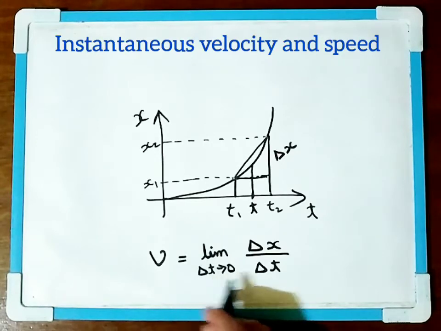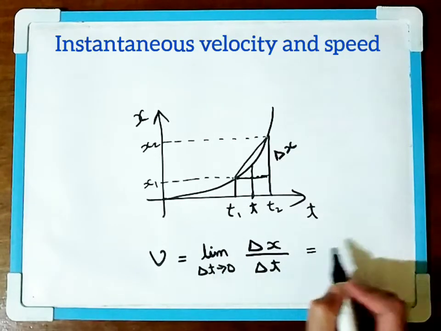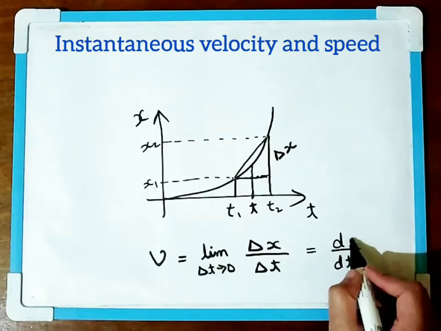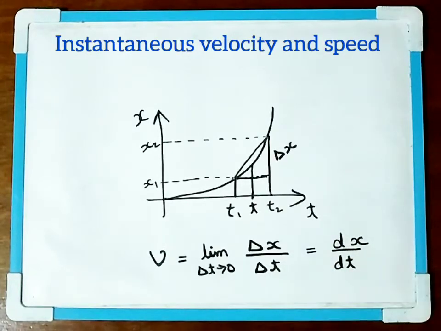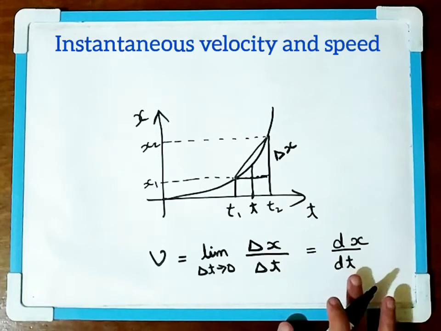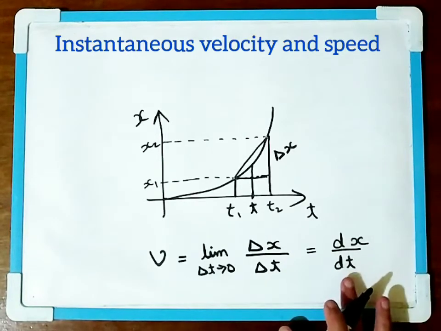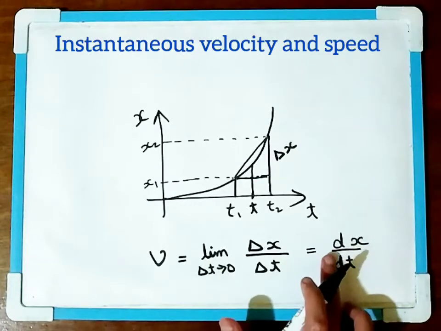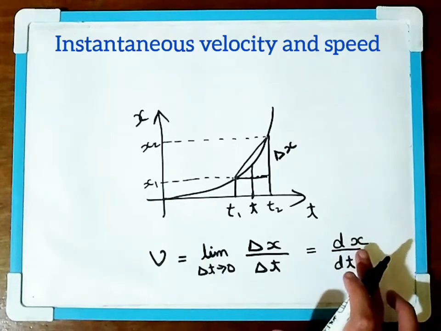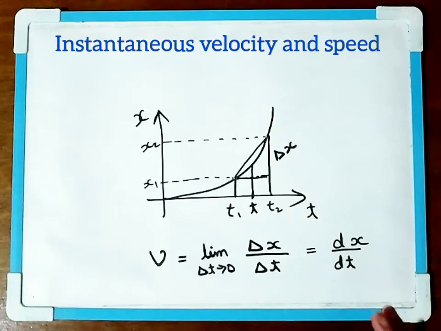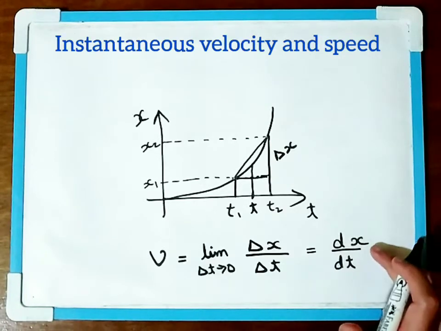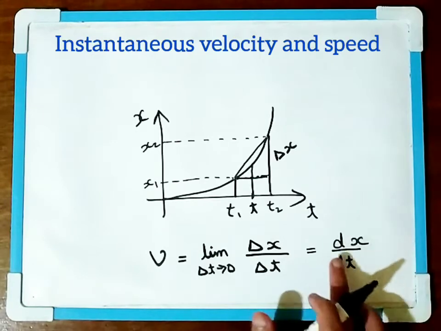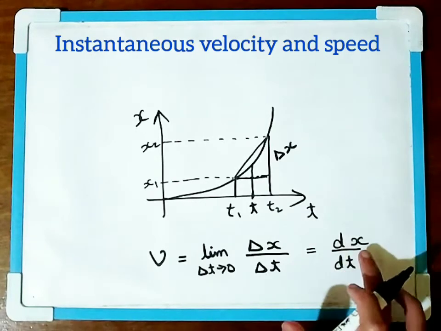And this formula we can write as d dt of x. And this is another concept in maths. This is known as derivative, and this is read as d dt of x. So if you are asked to take the derivative of any function, for example x, with respect to the time t, then you write it as d dt of x.